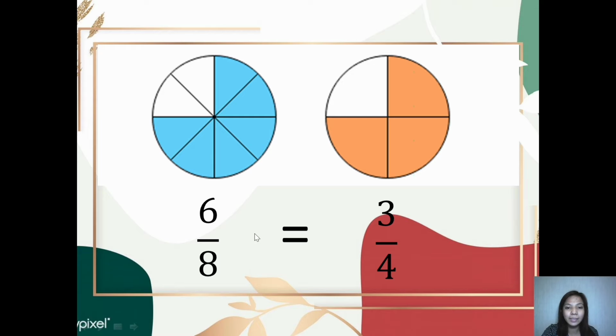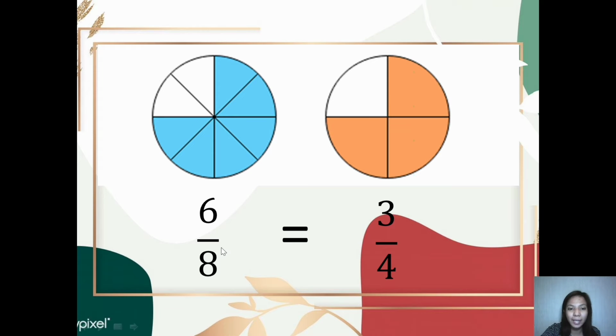As you can see here, I put an equal sign, which means they are the same value, because we are going to talk about simplifying fractions as well, or making it simple.